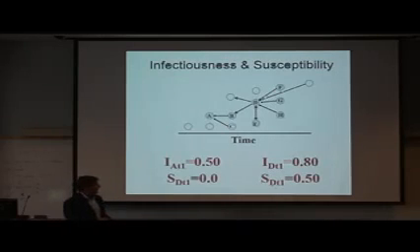The other thing, and I don't have time to go into this, but we can take this micro-level analysis and create terms for infectiousness and susceptibility, right? Let's do infection first. Infection is the extent to which people connected to you adopt in the time period immediately after you've adopted.